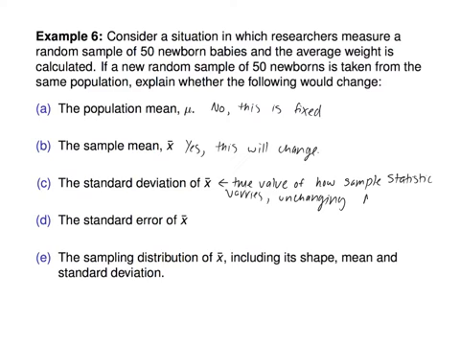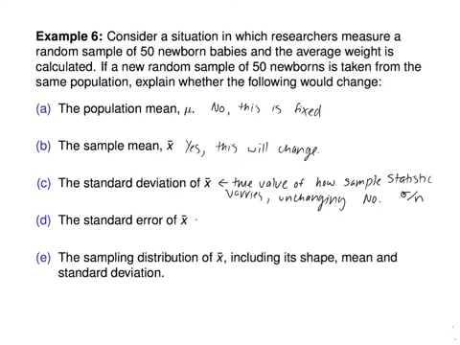So in this case, no. And for X bar specifically, the formula for this is going to be sigma over root n. But we'll learn more about that, I think, on Friday's lesson. And sigma is kind of like mu. Sigma is the true population standard deviation, right? And n is your sample size, and you assume n is always the same, right? So that's why this one doesn't change.